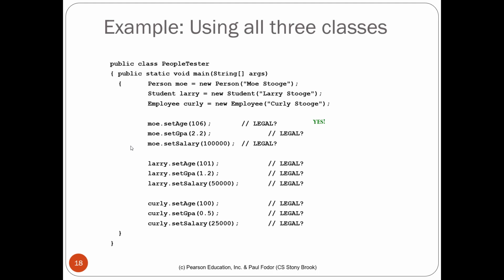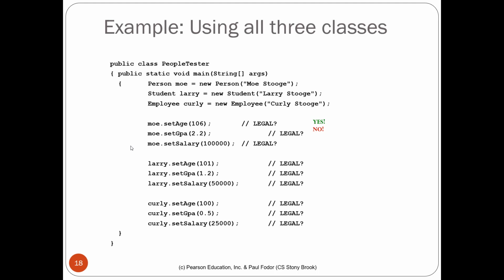Now the next question is, Mo, who's a person, can I change the GPA of a Person object? Again you need to think, and you should get to the answer that no, it's not legal. Why? Because GPA is the data member of the Student class. Mo is a person. Person will not have any data field like GPA or salary.